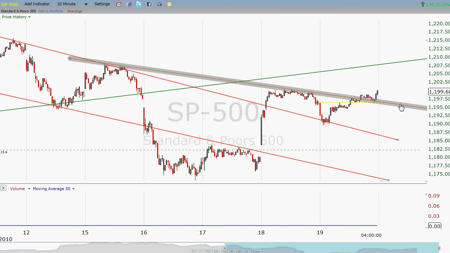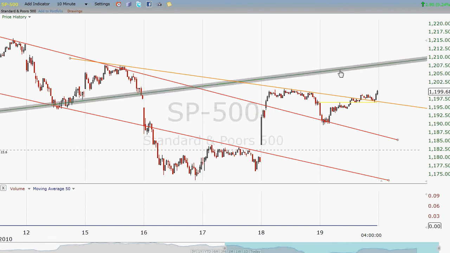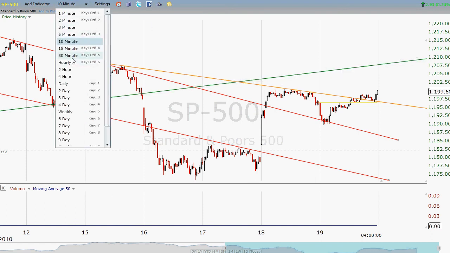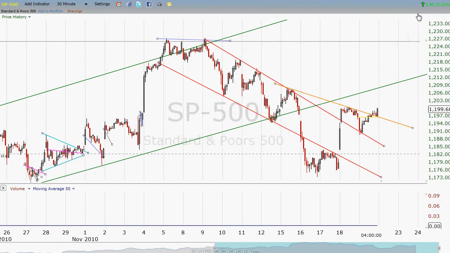Watch this line. This also may become support. So all of that says, if we do not get above this line, I believe we are destined for some sideways action to consolidate and then head back up and meet that 1240, 1250.